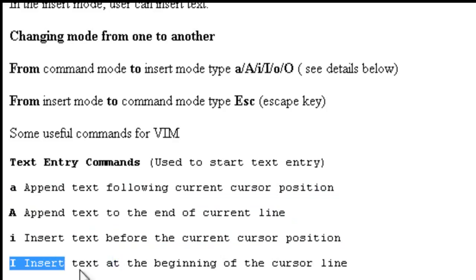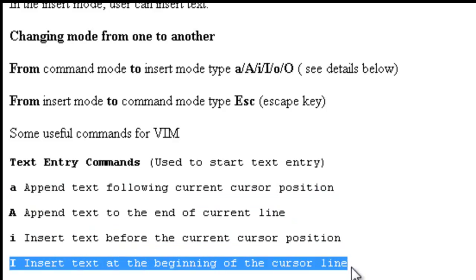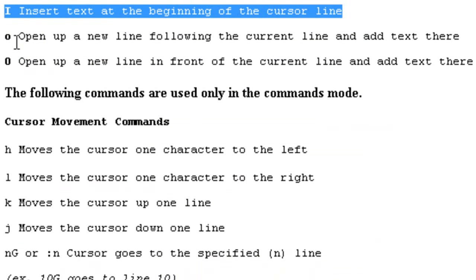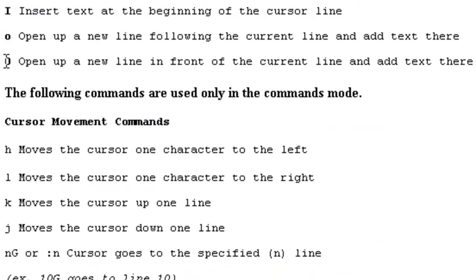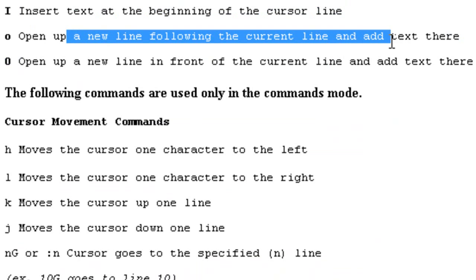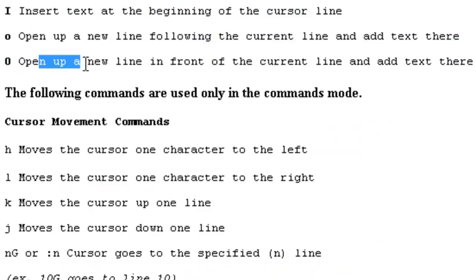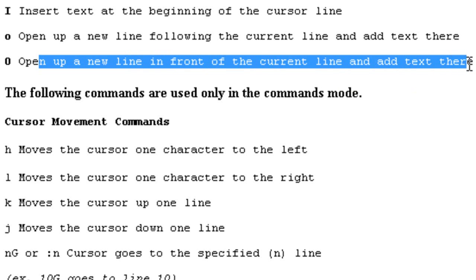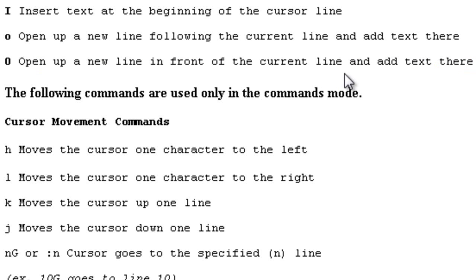There is a difference between them. Likewise there is also a difference between small o and capital O. Small o opens a new line following the current line and adds text there, and capital O opens a new line in front of the current line and adds text there.